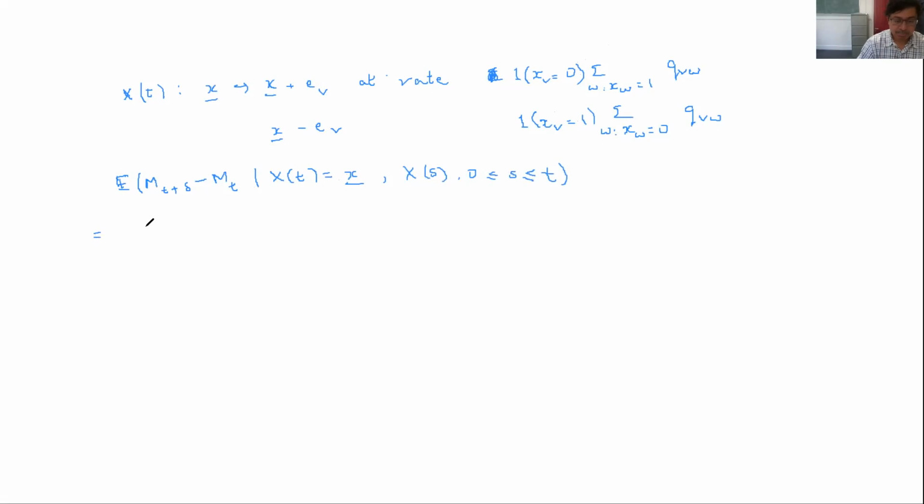So let me split up that sum into two sums. This is the sum over vertices V such that XV equals 0. And then we have this sum up here of W such that XW is 1 of QVW. So let me write that.